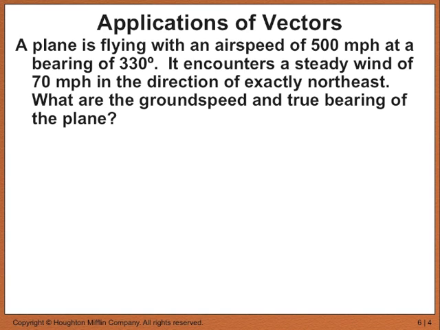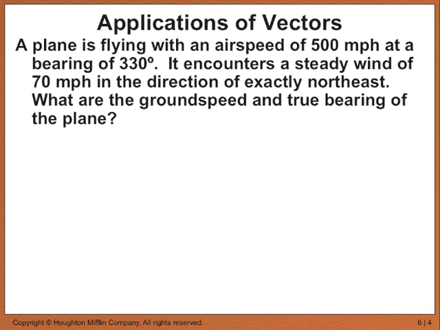Some winds hinder a plane, like headwinds. Some winds help a plane, tailwinds. And diagonal winds can have mixed effects on planes. So ground speed is the speed of a plane taking into account the effect of wind, whereas airspeed is the speed of a plane without taking into account the effect of wind.